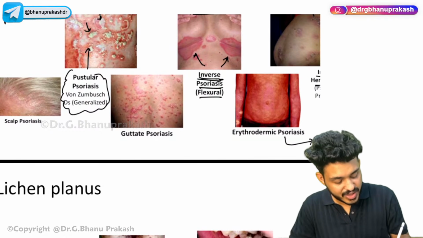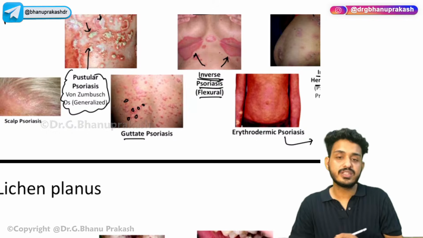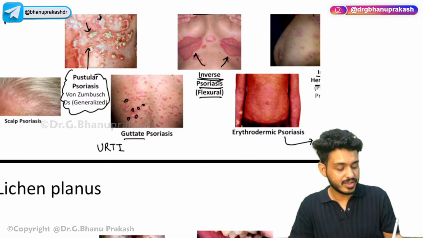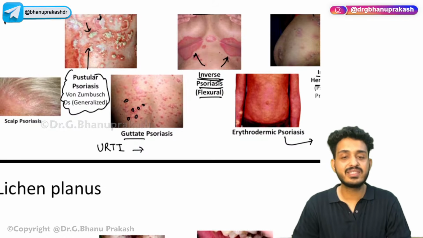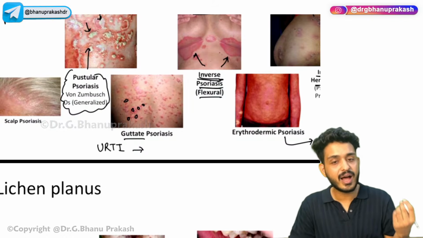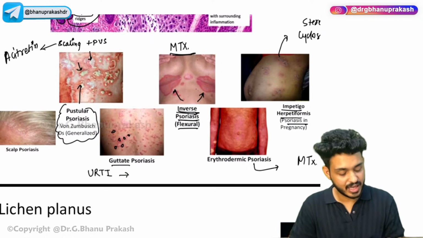Can you appreciate these gutter-like structures? That is known as guttate psoriasis. You will be having some upper respiratory tract infection, and then you will be having this type of psoriasis. Very, very important. The examiner will be asking you what can be the drug of choice. He will be giving you four options. What options will he give?